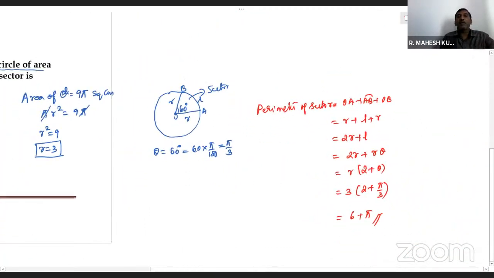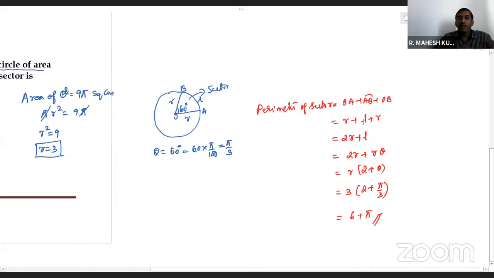First, you have to use the area of the circle and find out the radius. Then you take the sector of the circle, which is OA, AB and OB, right? So that is a sector. Perimeter is nothing but the sum of all the sides. If you add OA, the length of the arc AB and the radius OB, you get the perimeter.